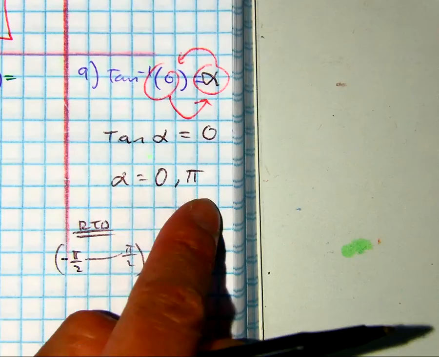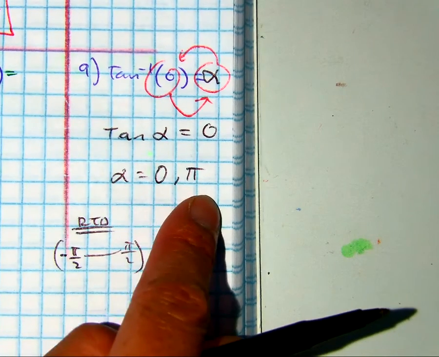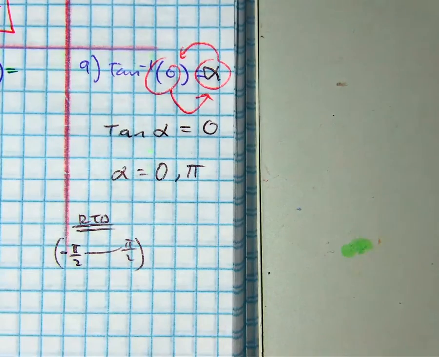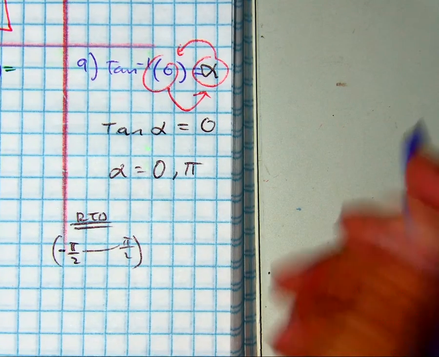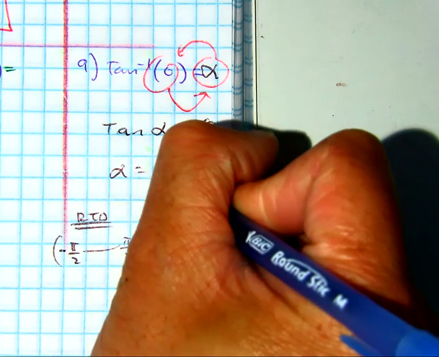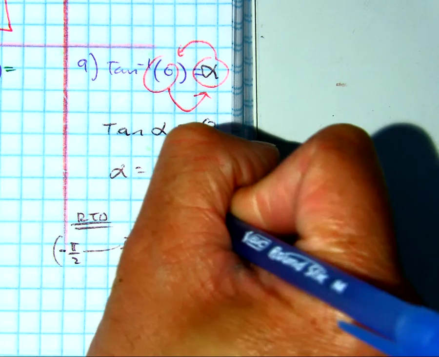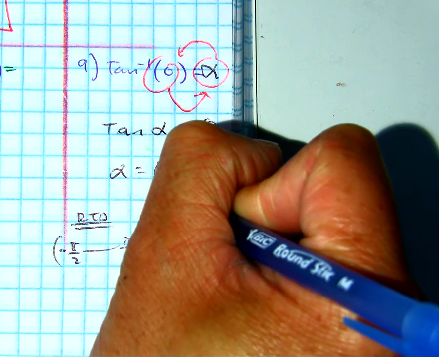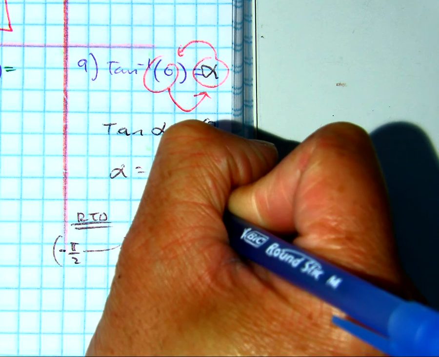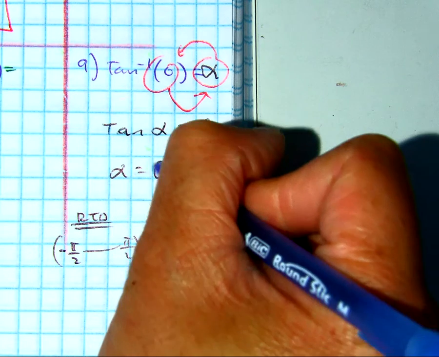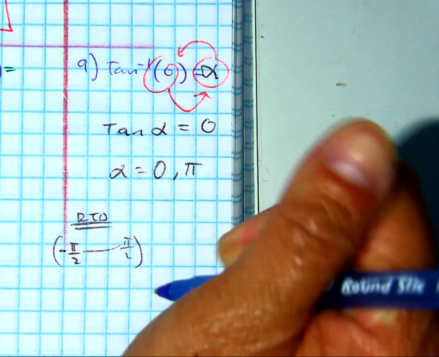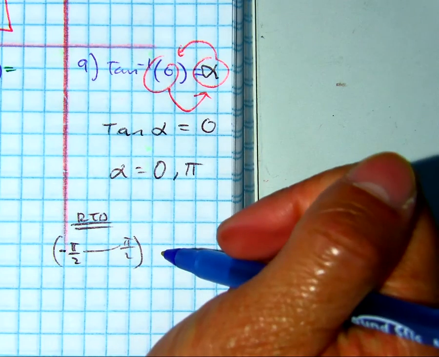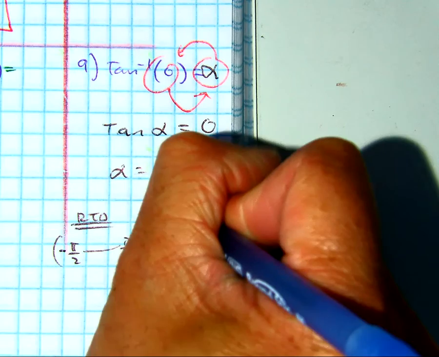What's the common denominator here, David? Correct. So this one becomes what? David, this 0 becomes an equivalent fraction with a denominator of 2, because you said a common denominator is 2. So 0 pi over 2.